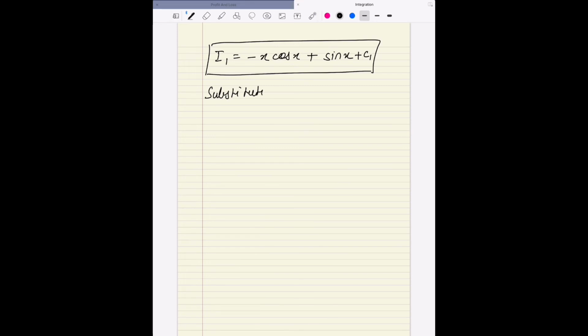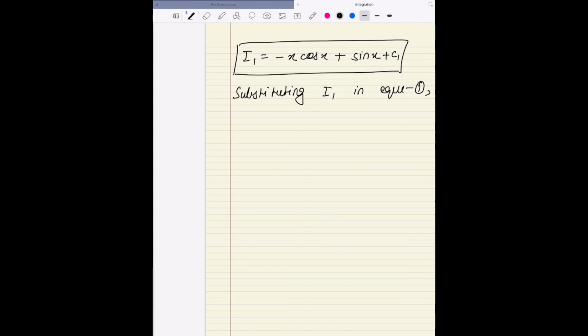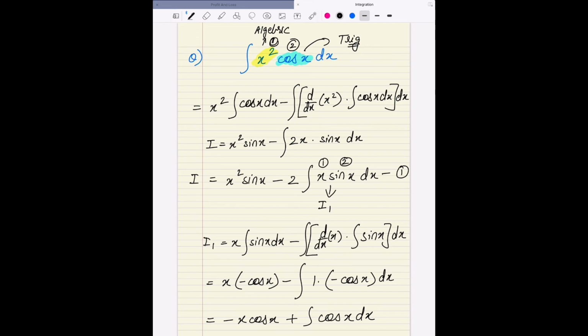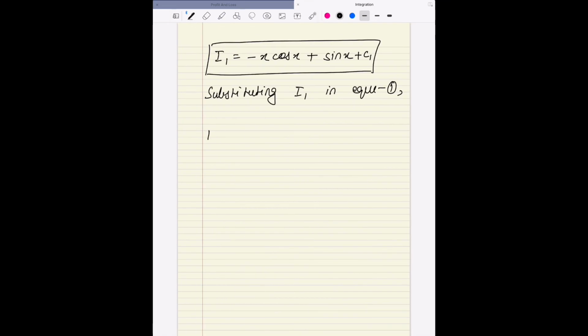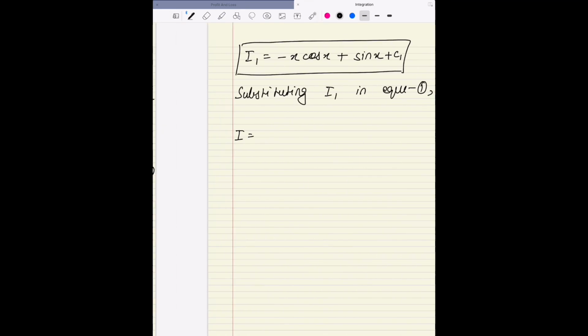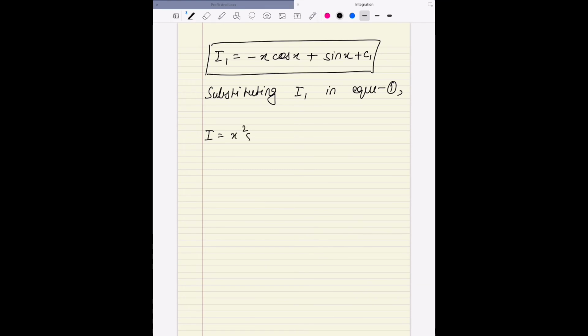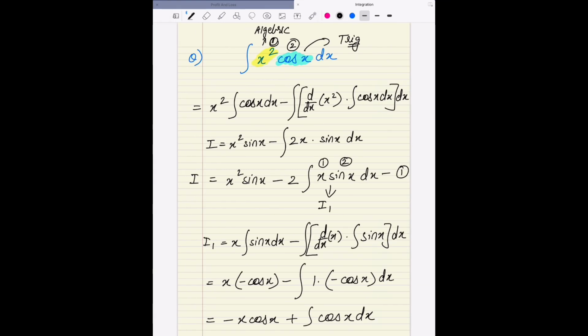After this, we have our answer. All you have to do is substitute I1 in equation 1. It's not important to write it, but if you do, you are going to make the examiner's life easier. You might create a good impression. I will become x square sin x minus twice.